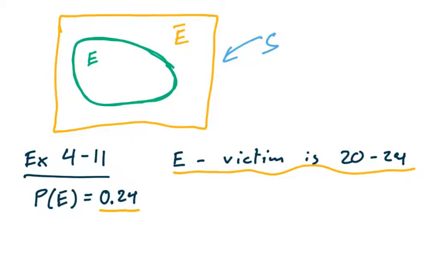And what we are looking for in this problem is simply what is the probability that they are either younger than 20 or older than 24. So they're not in this range. In other words, we're looking for the probability of the complement of E. And so that's just going to be 1 minus 0.24, and that would be 0.76, or 76%.